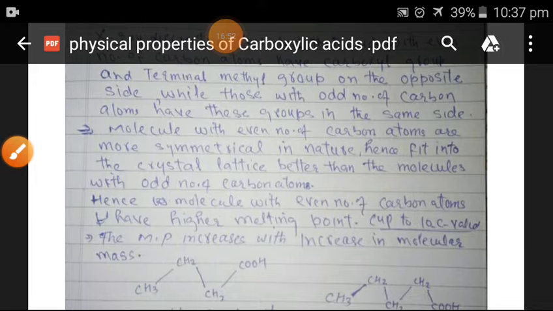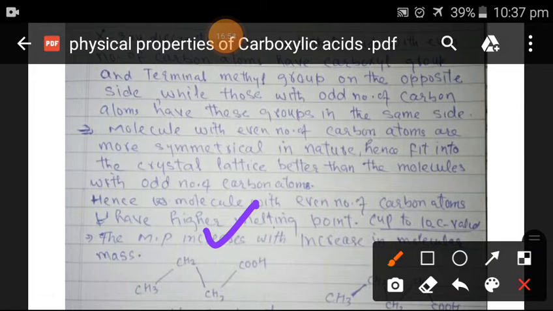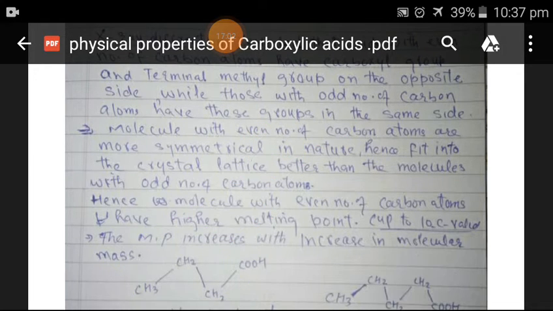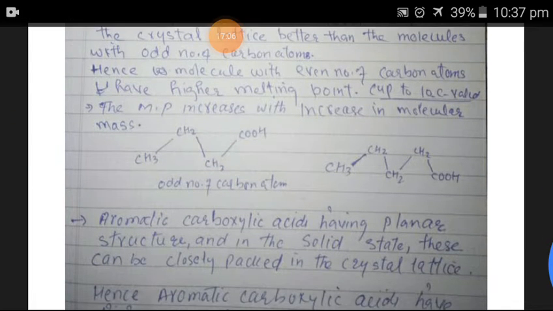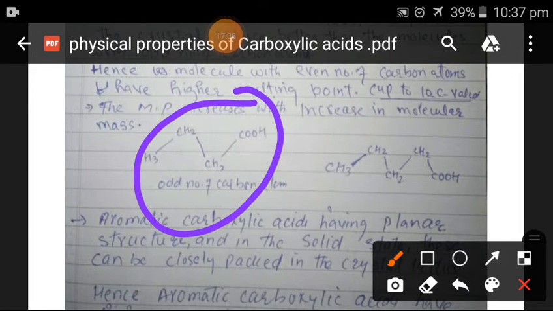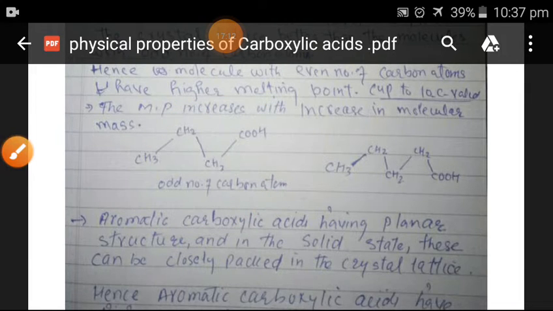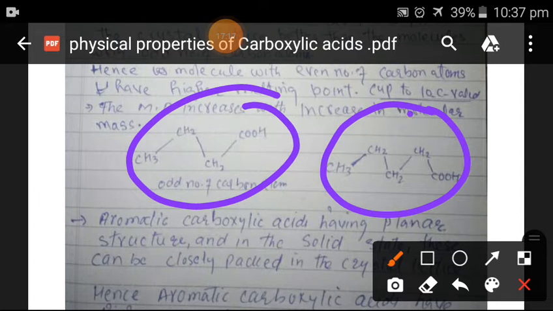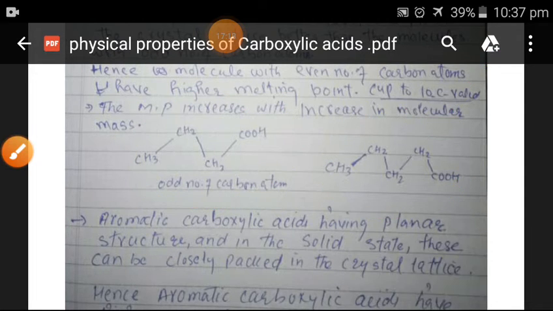Because molecules having an even number of carbon atoms have symmetrical nature as compared to the molecules having an odd number of carbon atoms. So this gets better seated into the crystal lattice as compared to the molecule having an odd number of carbon atoms.